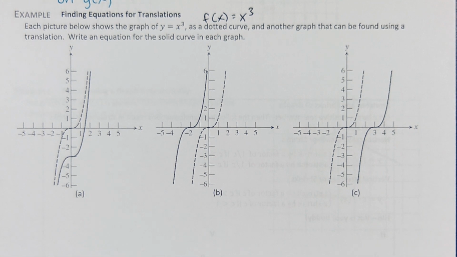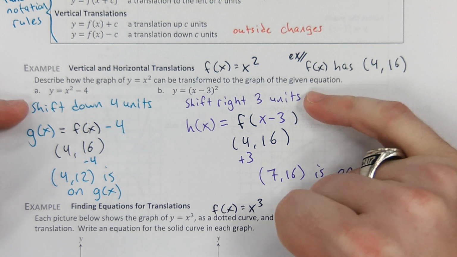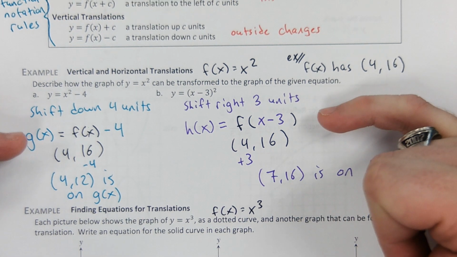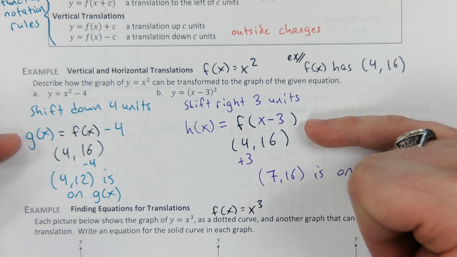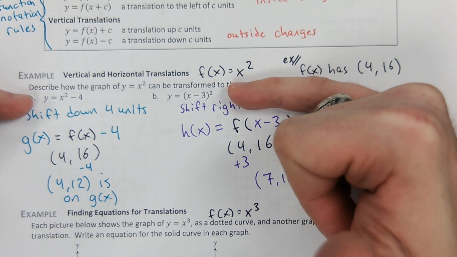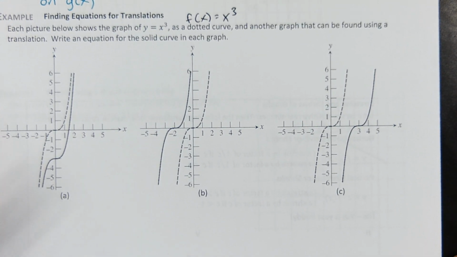What we're going to do here is describe in words what had to be done to the dotted graph to get the solid graph. We will then get a function notation rule for that description, and then use that to get the new equation. Whereas in these examples, you had the new equation, in these examples, we are getting the new equation.